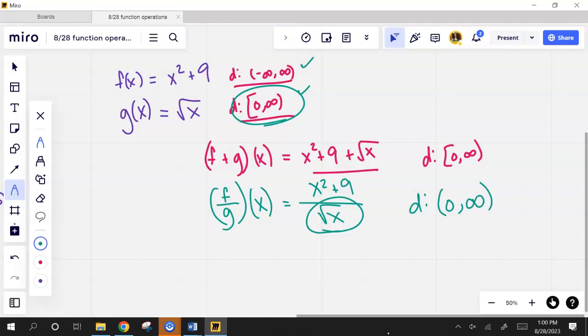It has to be what they share. A denominator in a fraction cannot be 0.